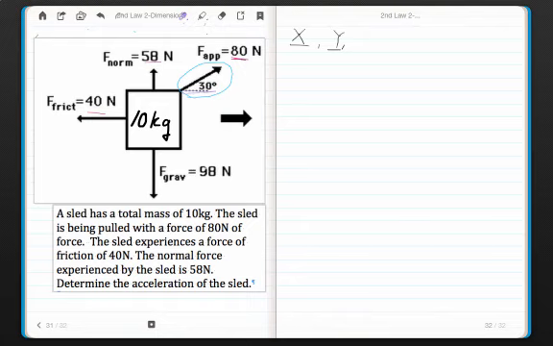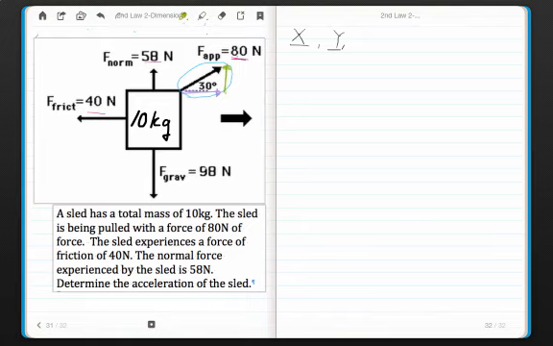That would be my X force, and I'll draw the Y force in green. And this one right here will be my Y force. So you want to break it down into the X's and the Y's.